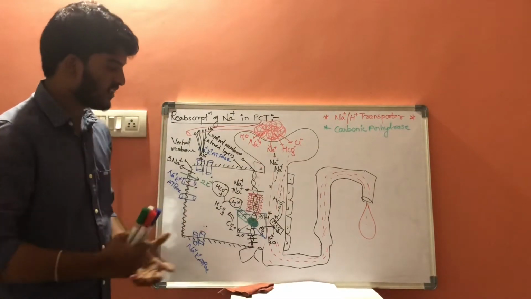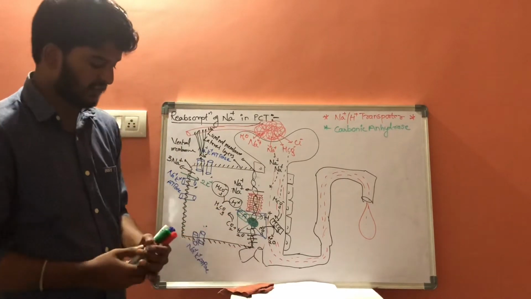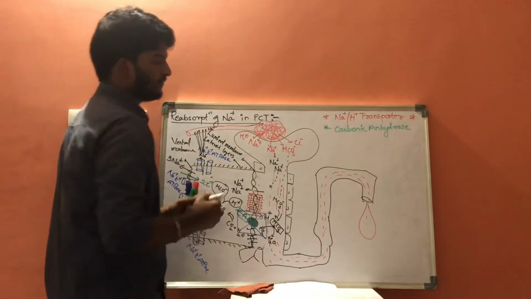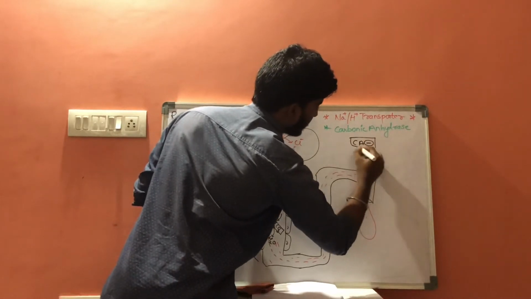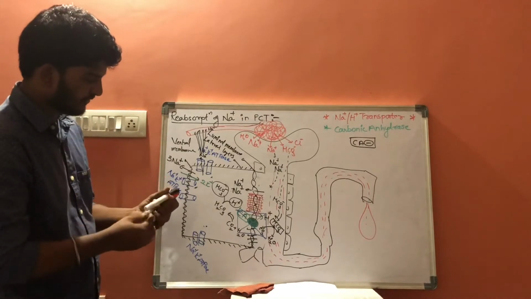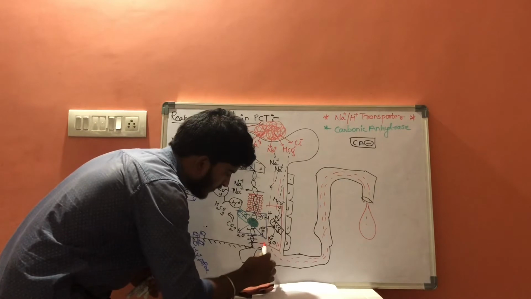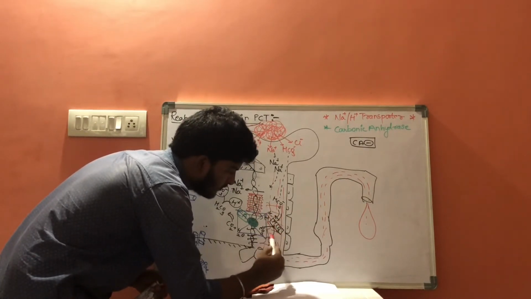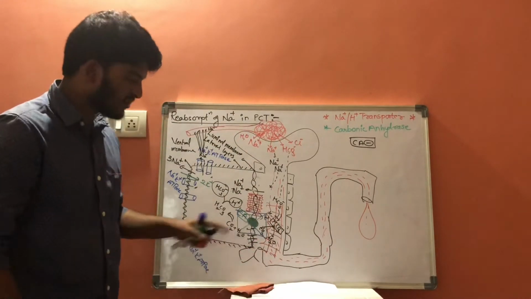So what special group of drugs is used here? Carbonic anhydrase inhibitors. So which drugs are these? This is a special group of drugs which blocks carbonic anhydrase.